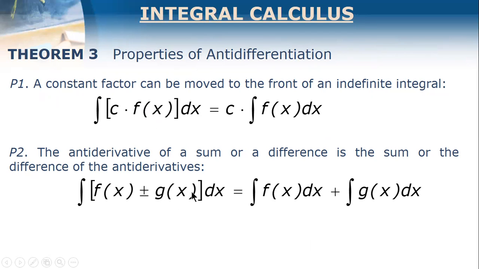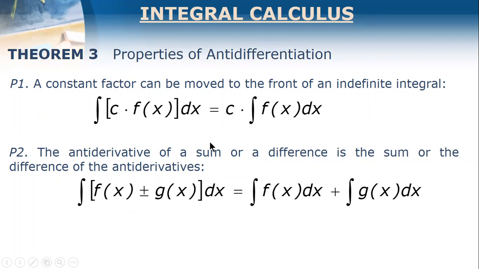If it is just a sum, you can integrate individually: integral of f of x dx plus integral of g of x dx. If it is a difference, f minus g, it is the integral of f of x dx minus the integral of g of x dx.